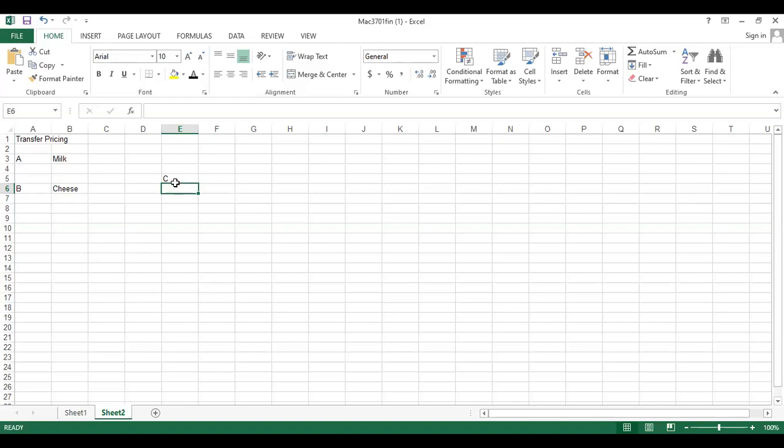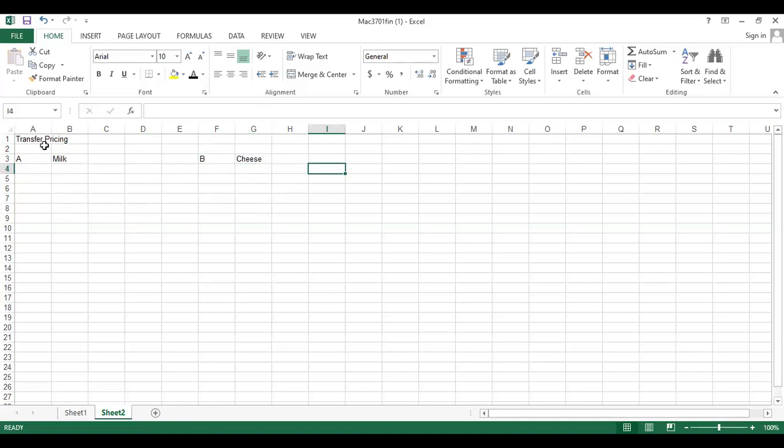This is not something that's examinable, but it can help us bring this into perspective. Let's say we are the same company doing milk and cheese. Milk you can sell to the outside market at a profit, and cheese you also have to sell to the outside market, because in this example you can't sell cheese to A. But A can sell to B.